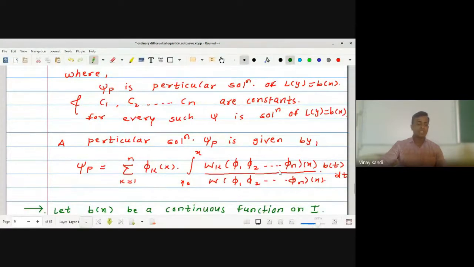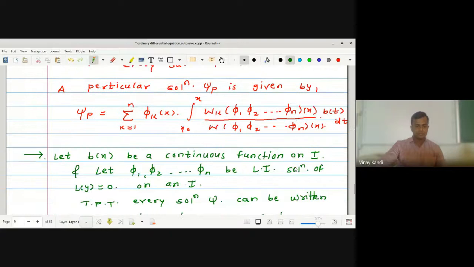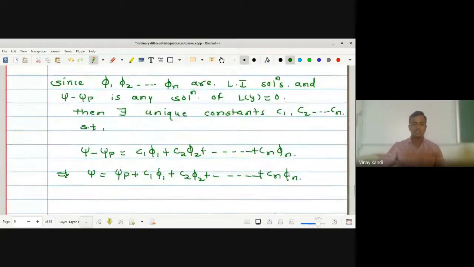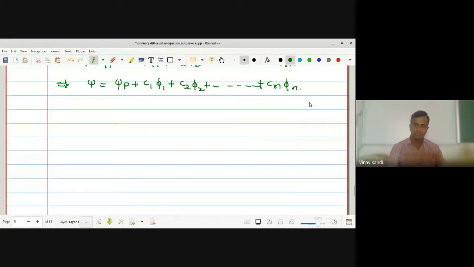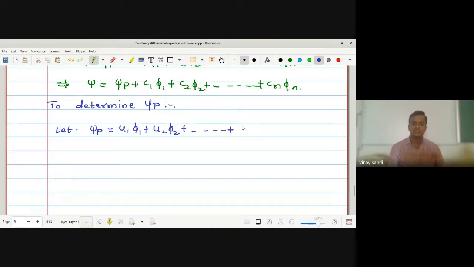Okay, now to determine the value of psi p, let psi p be equal to u1 phi 1 plus u2 phi 2 plus up to un phi n.